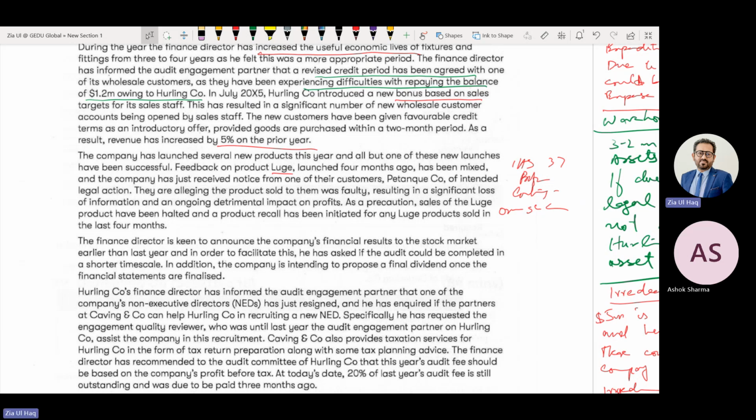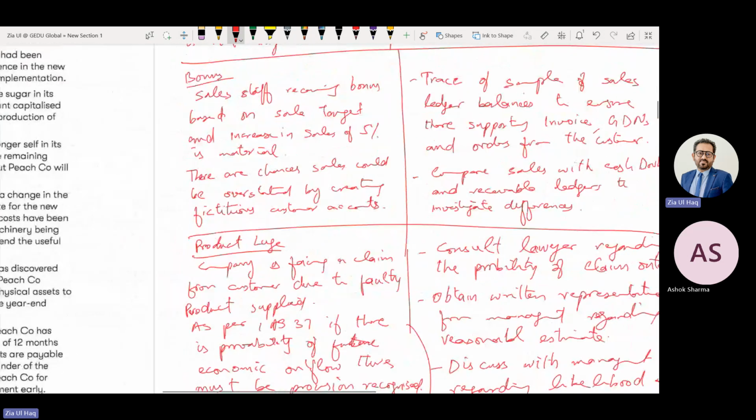In addition, the company is intending to propose a final dividend once the financial statements are finalized. One, there is a time pressure that they are putting on us. Auditor may not be able to detect misstatement within that short time, so we can put it as a detection risk.